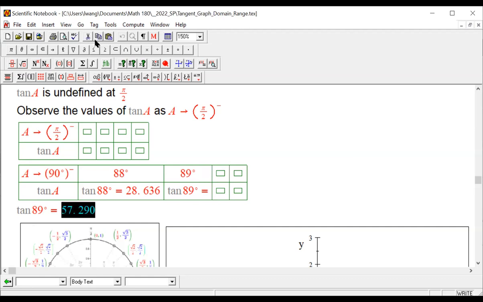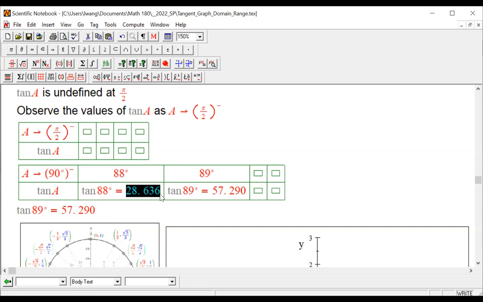So what we see here is that as our angle approaches 90 degrees from smaller than 90 degrees, the tangent ratio is getting larger and larger. From 88 degrees to 89 degrees it's only 1 degree more, but it's almost double the previous ratio.